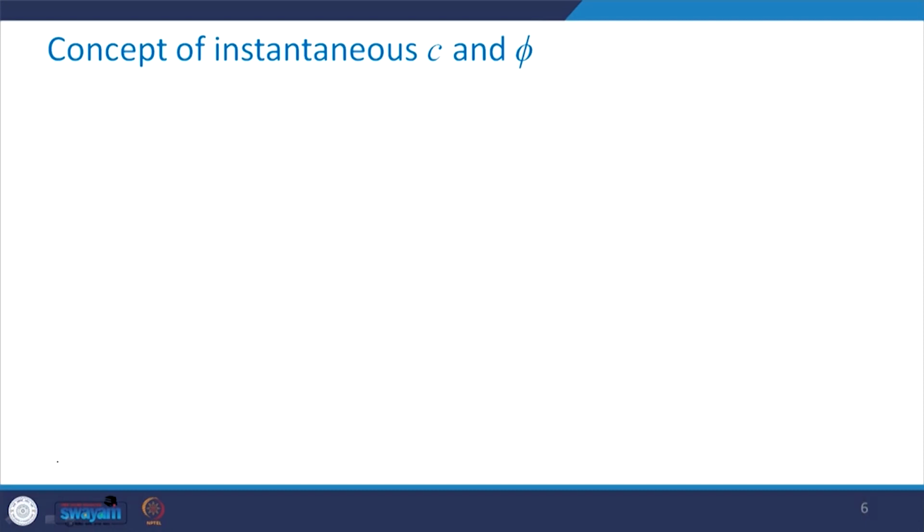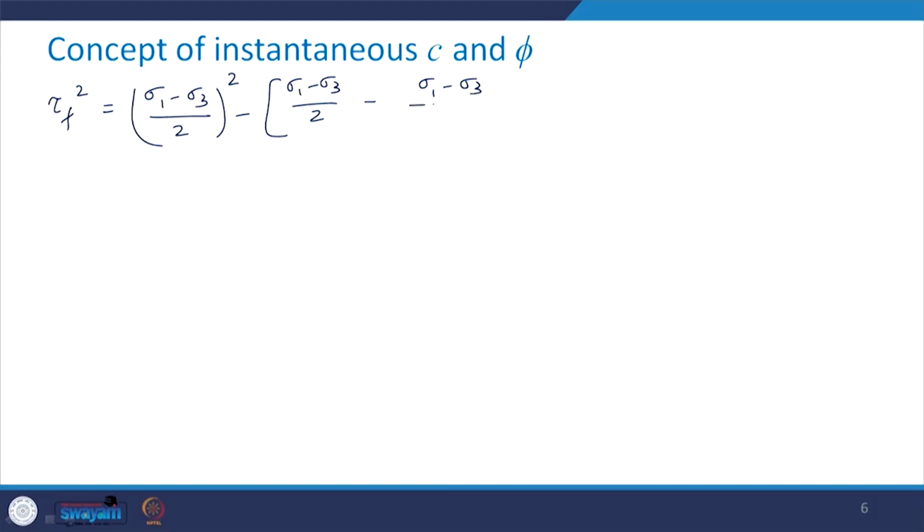So further simplify this equation. What we are going to get is tau f square is (sigma 1 minus sigma 3) whole square, minus ((sigma 1 minus sigma 3)/2 minus (sigma 1 minus sigma 3)/((del sigma 1/del sigma 3) plus 1)) and the whole square of this.